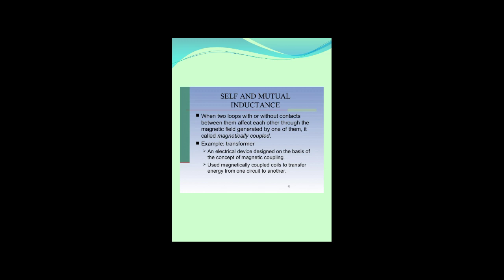In a transformer, there are two windings connected to the transformer core, and we supply one coil and EMF is induced in the second coil because both coils are magnetically coupled through the transformer core.